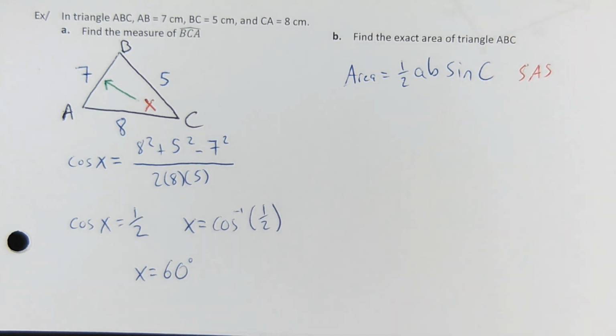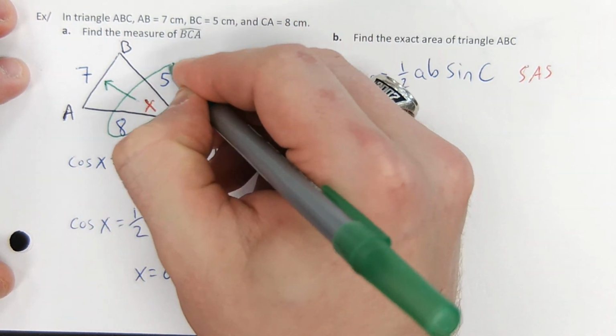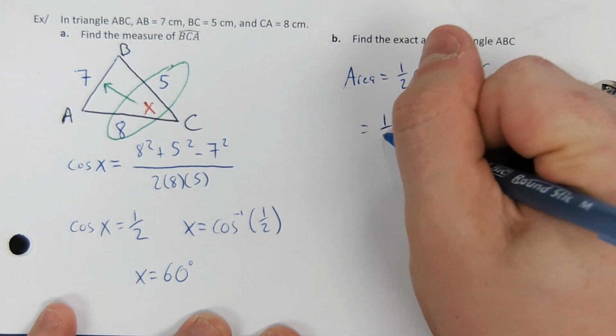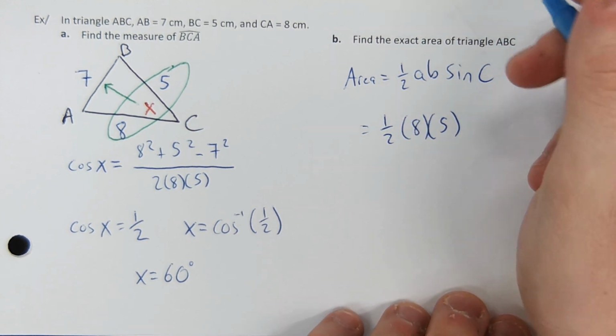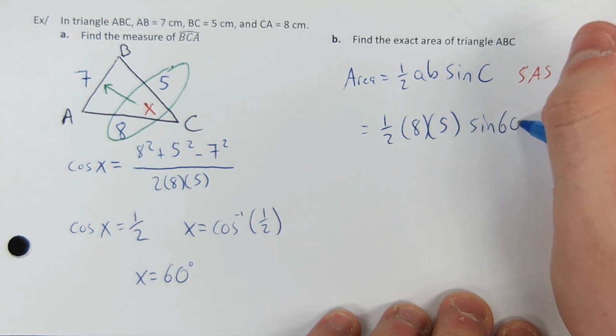If you're going to use this formula, you're using side angle side. That means we're using this information. We will not be using the 7. So our area is 1/2 times 8 times 5 times sine of 60 degrees.